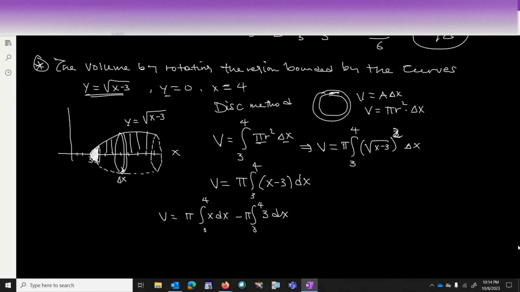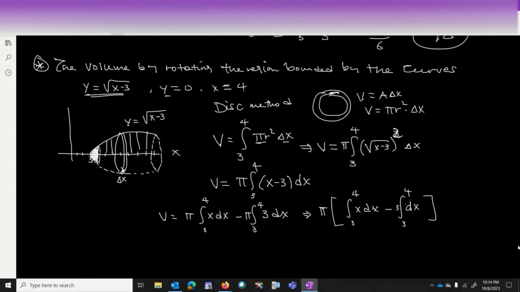So I can rewrite this simply, taking pi outside. This is the integral of x dx from 3 to 4 minus the integral of 3 dx from 3 to 4.